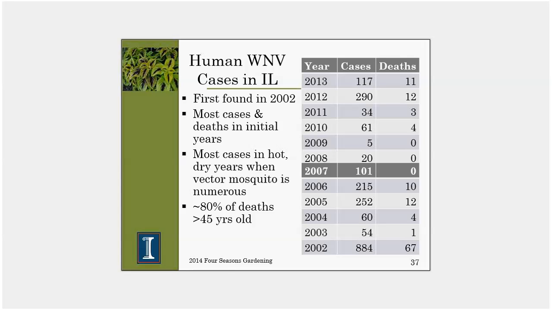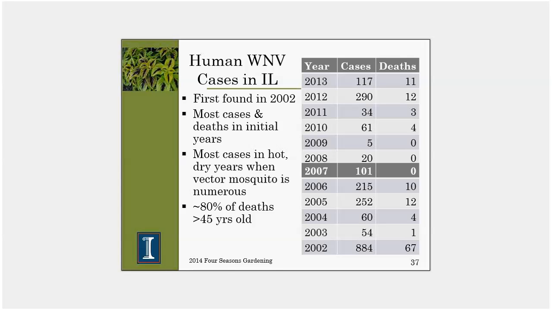The four or five previous years tended to have more timely rains throughout the summer, a little bit cooler conditions, but certainly more rainfall. Very few deaths in three of those years. No reported deaths at all from West Nile virus.